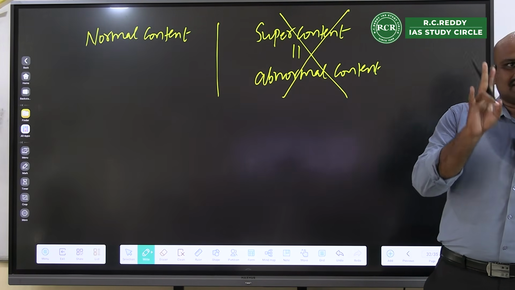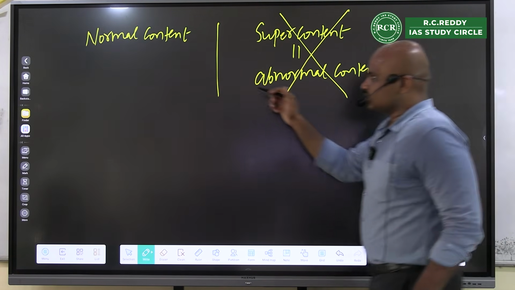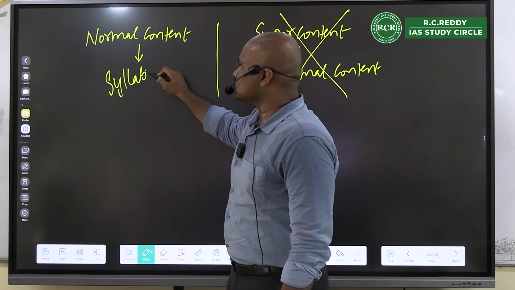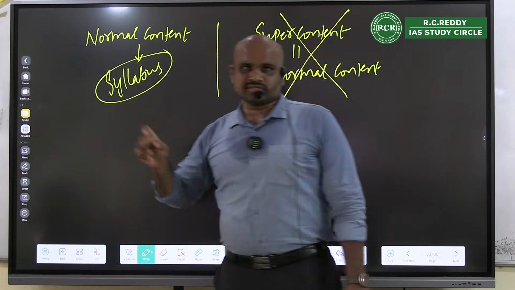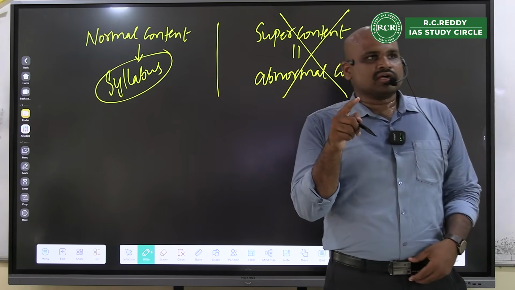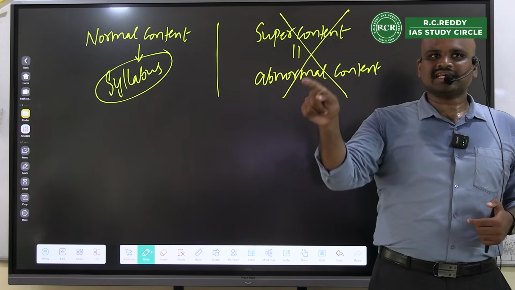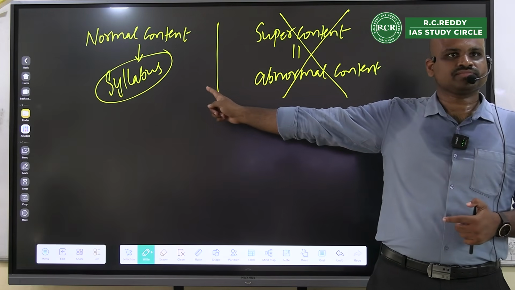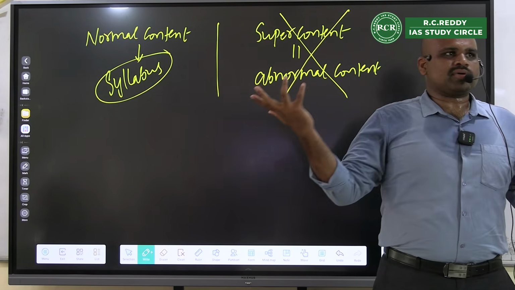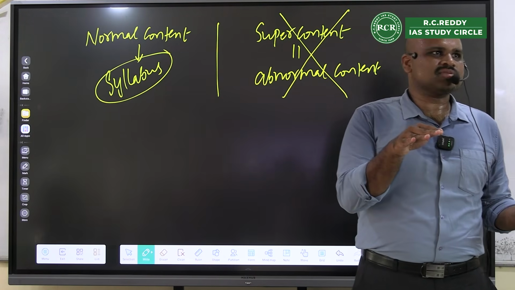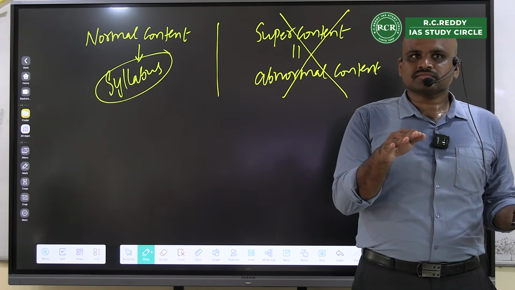One. The second thing you will have to remember is, what is my normal content? That content which I am trying to derive from the syllabus. Because the only common document between you and the examiner is the syllabus. Now you say, sir, for quality I read Lakshmikant. Are you sure that the examiner is also reading Lakshmikant?